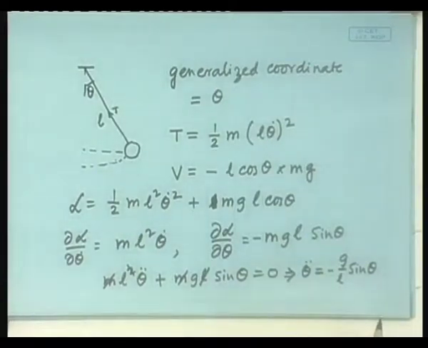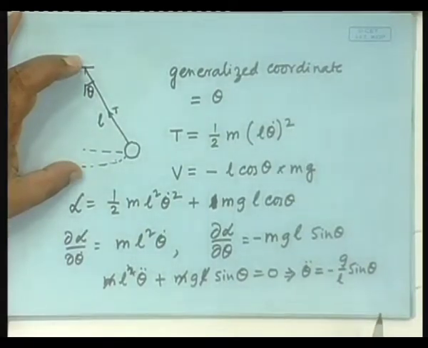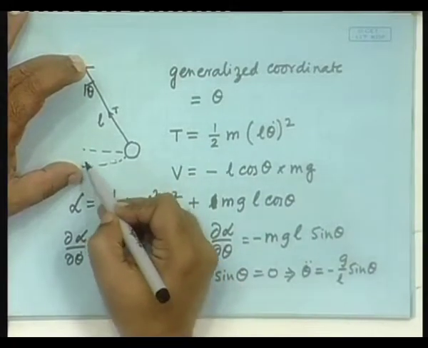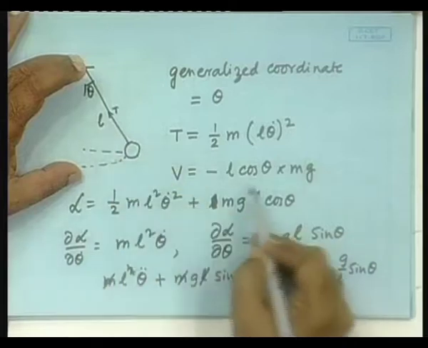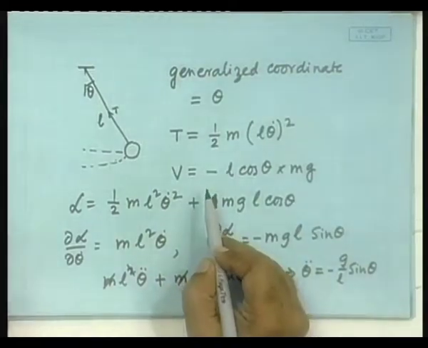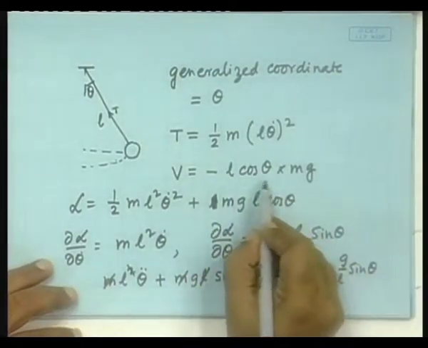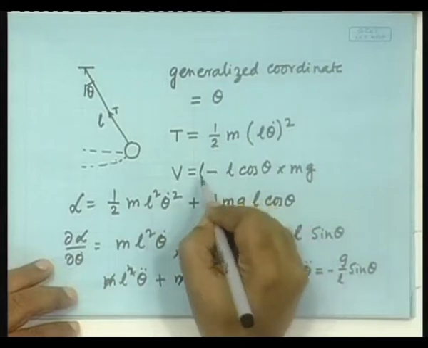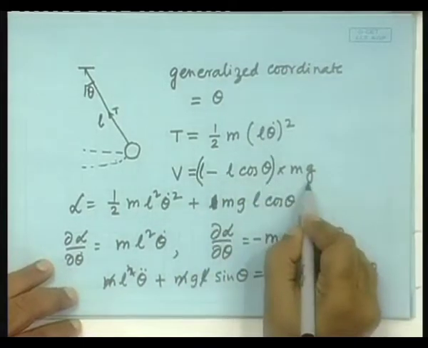In that case, this total length is here L, and how much is the elevation? L minus this. Do that, no problem, L minus L cos theta. But then what happens in that case? Just do it. It will be (L minus L cos theta), this whole thing times mg.